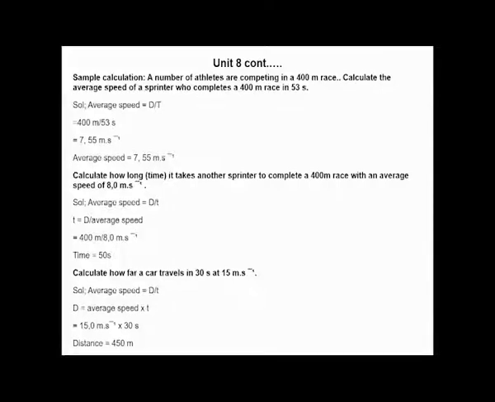For example, if I say calculate how far a car travels in 30 seconds at 15 meters per second, you just have to make distance the subject of the formula, which is equal to average speed times time, then you get the answer.